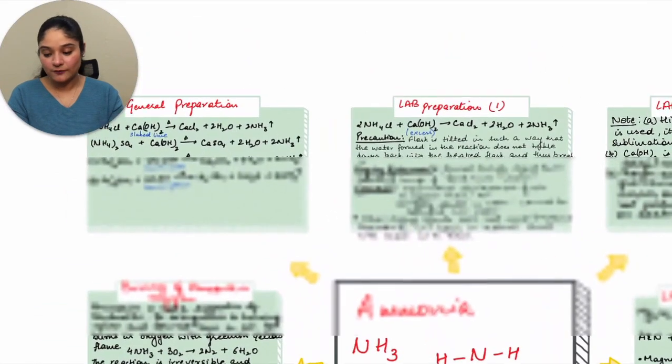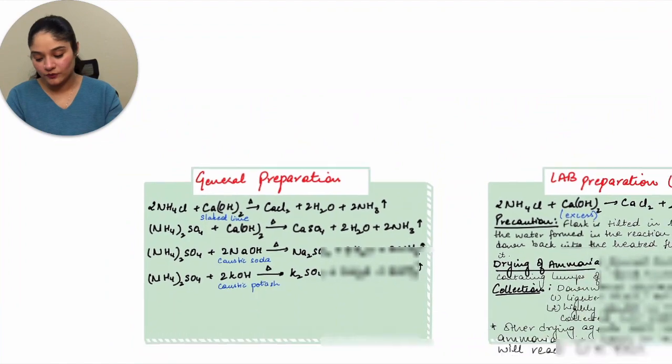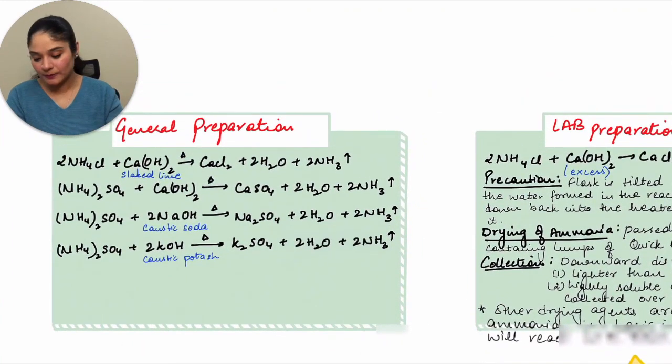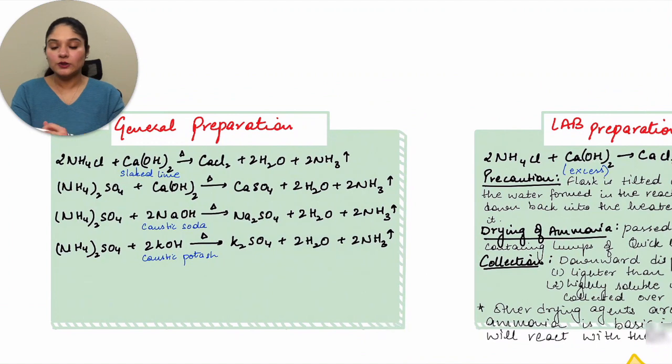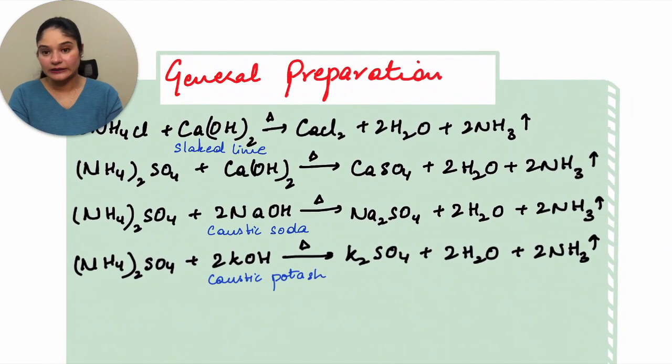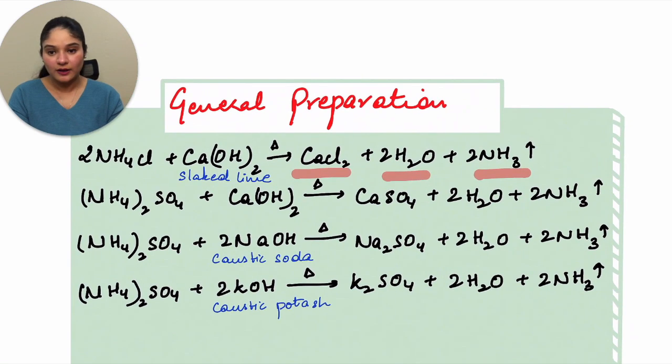So let's start with the preparation for ammonia. First, you have the general preparation. In general preparation, any ammonium salt reacts with an alkali. We are taking the examples of slaked lime, caustic soda, caustic potash. That will give you a salt plus water plus ammonia gas. Now let's look at the equation.